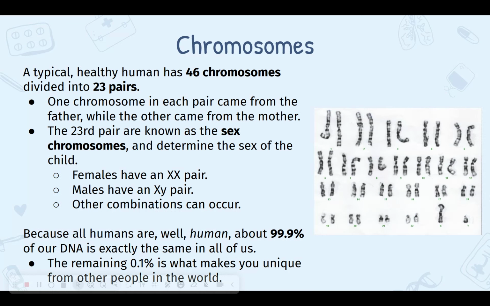Now, in humans, 99.9% of that DNA is exactly the same in every one of us, because all of us have a stomach, a heart, a brain, a spinal column, skin, and all of those things are basically built the same way.